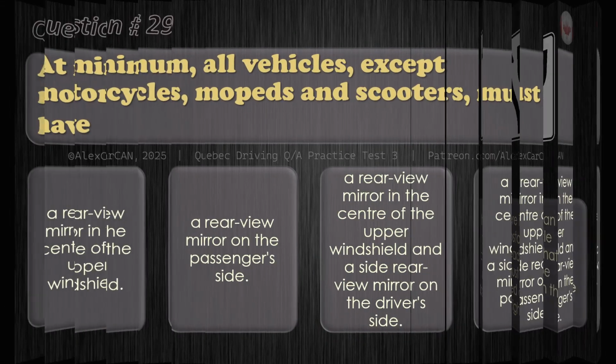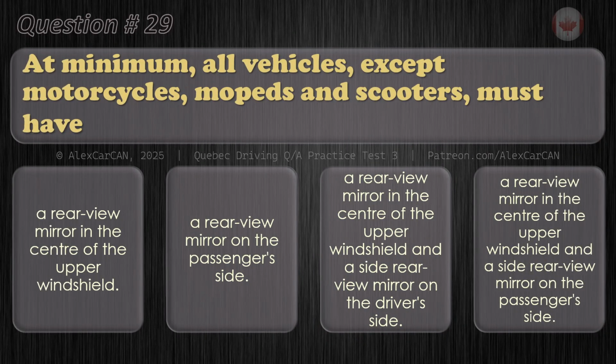Question number 29. At minimum, all vehicles, except motorcycles, mopeds and scooters, must have a rear view mirror in the center of the upper windshield, a rear view mirror on the passenger's side, a rear view mirror in the center of the upper windshield and a side rear view mirror on the driver's side, a rear view mirror in the center of the upper windshield and a side rear view mirror on the passenger's side.